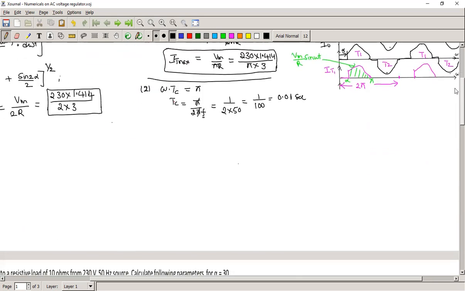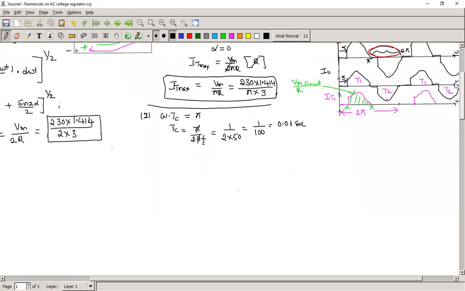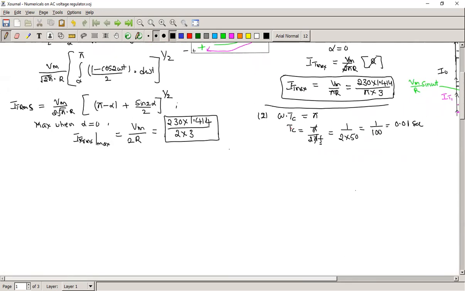So di by dt maximum occurs at Vm sin 30 divided by R, because at angle alpha equal to 30 degrees only it is happening. This is voltage divided by resistance. At angle 30 only it suddenly rises from 0 to this quantity.